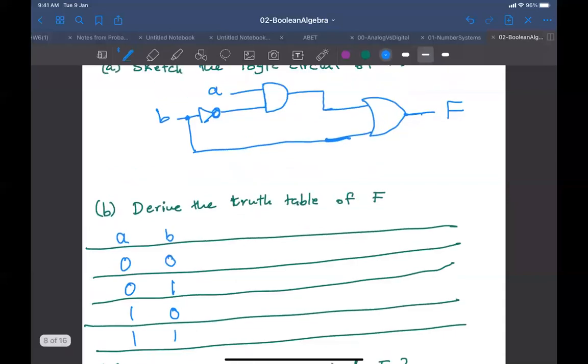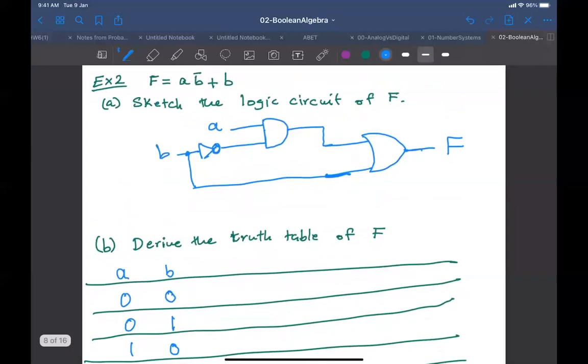So what's next? For this OR gate, for this F here, to be computed, we need this signal here and this signal. We need to OR them together in order to get the result. So what is this signal? It is B, which is given here. This signal here is B, which is this input here. But this signal here is not given, so we have to compute it. So this is A ANDed with B complement.